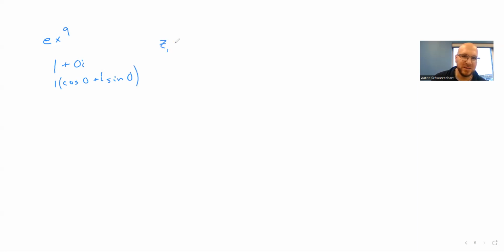So z1, again, I'm going to take the 8th root of my radius, which is 1. And I take my angle divided by 8. So that is just 1. That's the toughie.